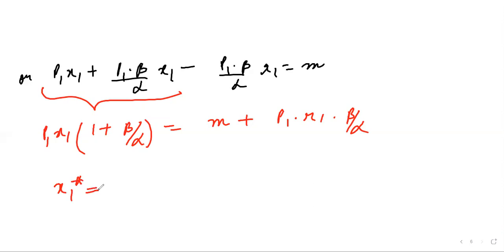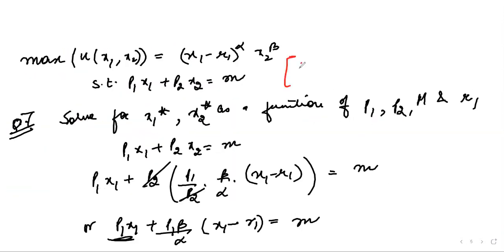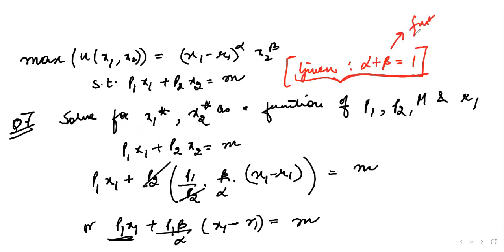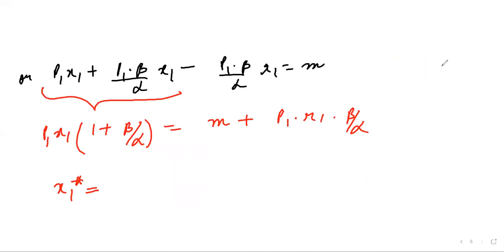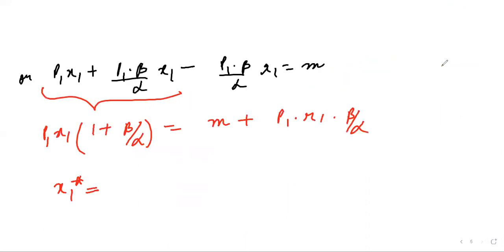What I can do here is use the property that was given to me in the question, given that alpha plus beta is 1. If you refer to the first part of this question, it was given to me that alpha plus beta is 1. So what I'm going to do is solve this, but before I solve this, I am going to just write this again.